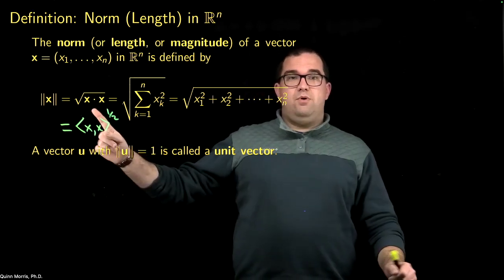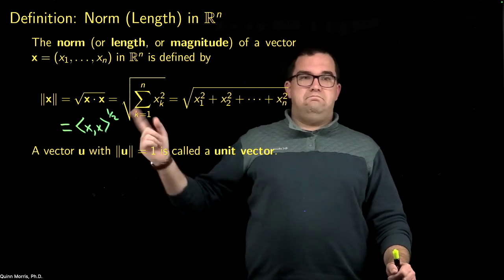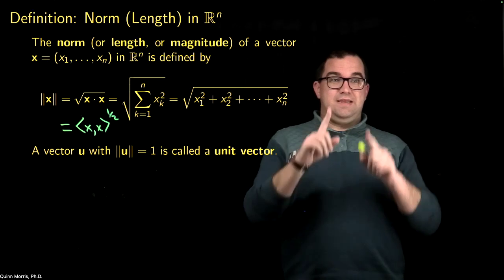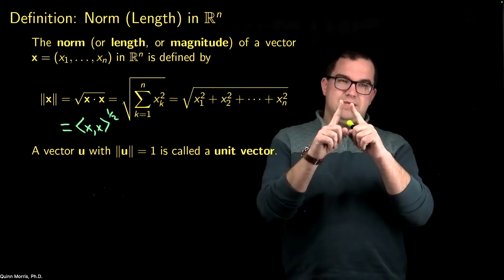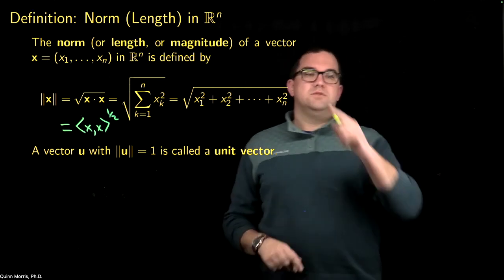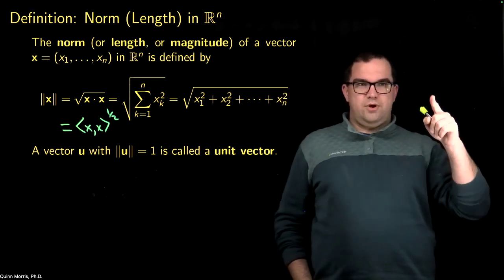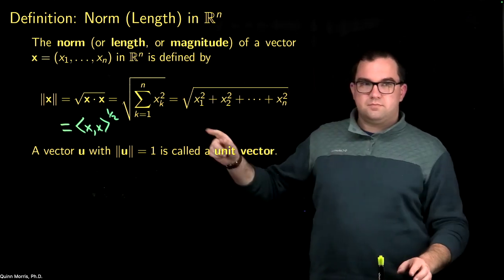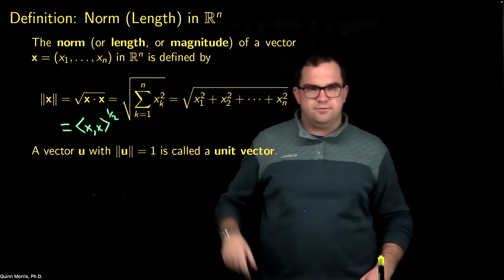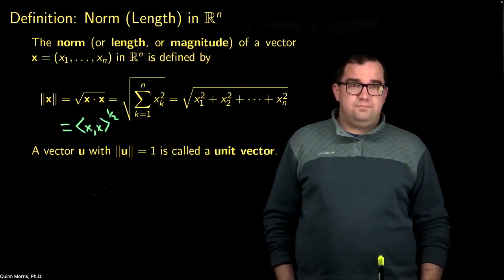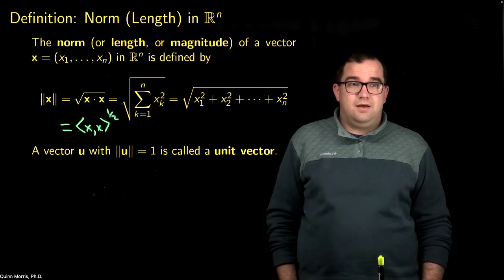For our case, we're just using the dot product as the inner product. So what would the dot product be? You're taking the dot product of x with itself, so you get x1 times x1, that's x1 squared, plus x2 times x2, that's x2 squared, plus x3 squared, and so on. So you just end up with this expression here. If you look at this, you may notice this is the standard Euclidean norm.